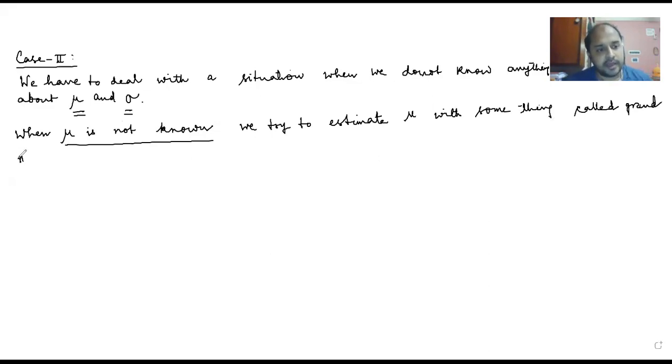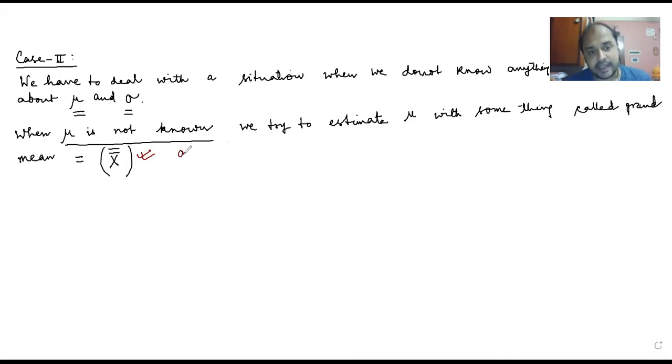In the note you will see that the grand mean is denoted by x bar bar. That is called the grand mean.